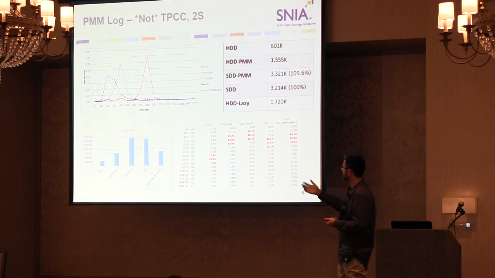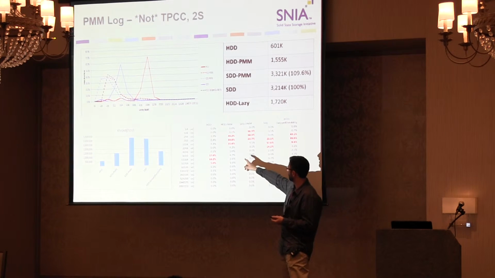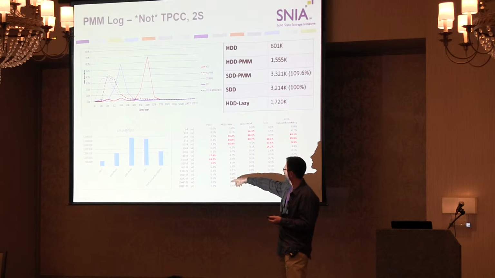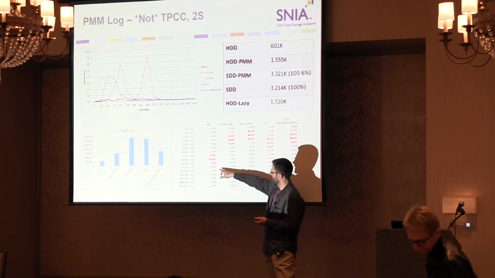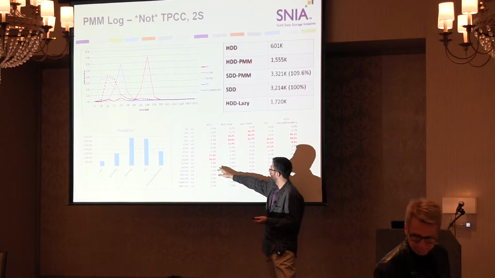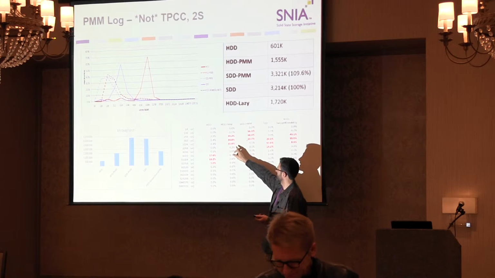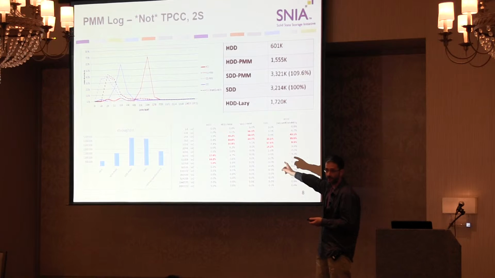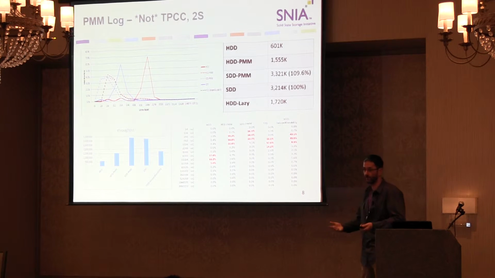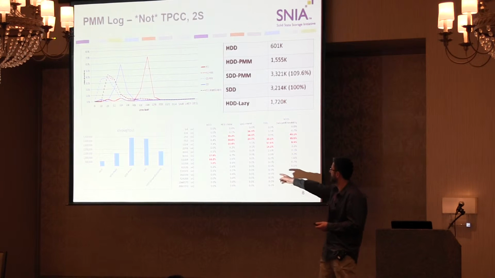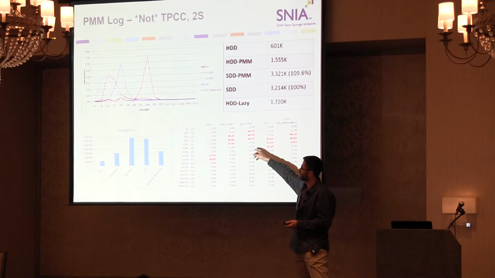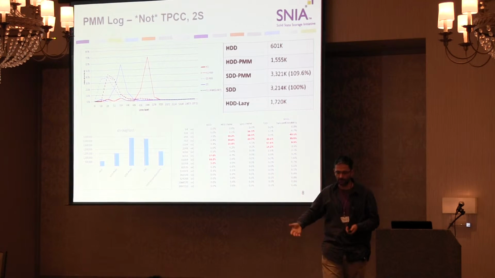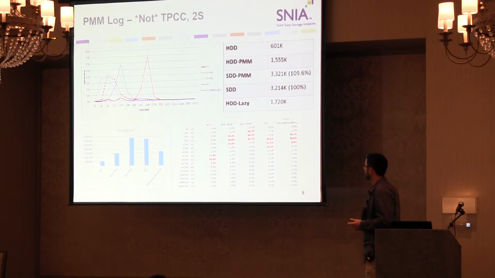And if the existing log is on the hard drive, you can see how the latency improves significantly from the regular implementation on a regular hard drive to hard drive plus PMM. In fact, it becomes better than an SSD in terms of end-to-end latency. And obviously, the implementation that has PMM on top of an SSD is the best one, right?